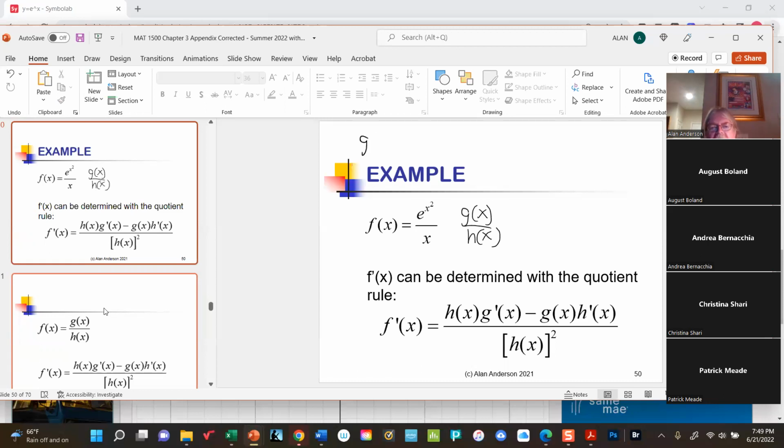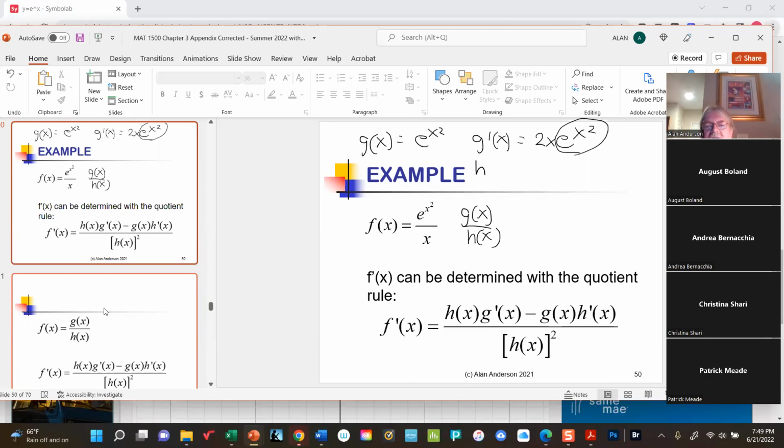So we have g of x, and as we just saw, based on the chain rule, what we end up with is that we still have e to the x squared, but then we have to multiply that by the derivative of that exponent, which becomes 2x.